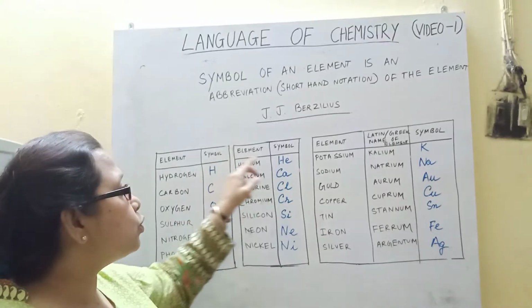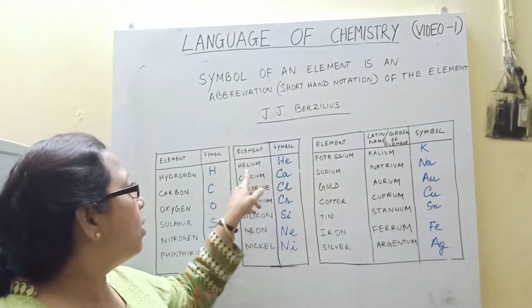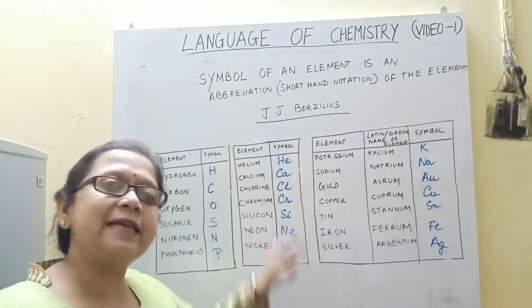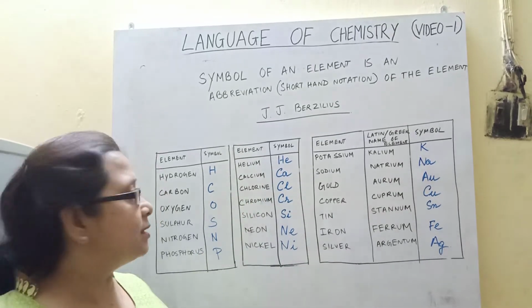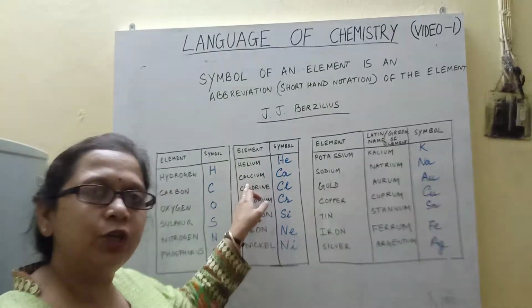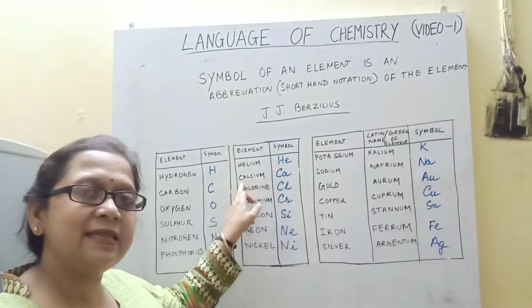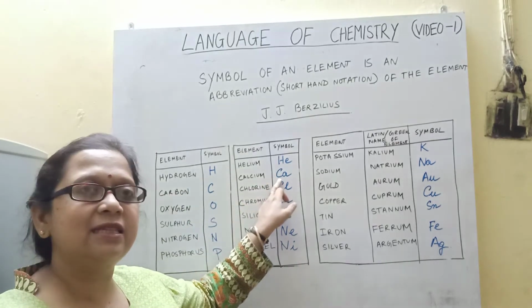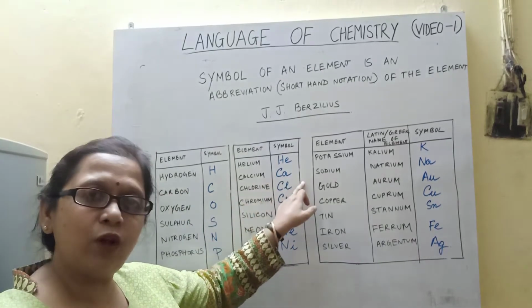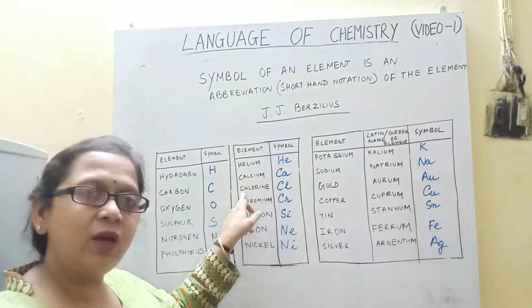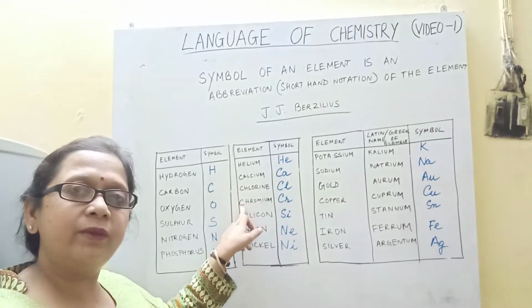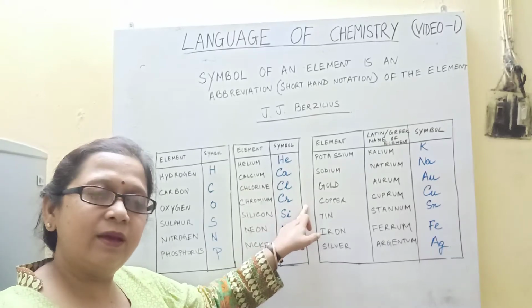So we use a second letter from its name, that is He, where the second letter is a small letter. Similarly, calcium starts with the letter C, just like carbon, but here we use a second letter, that is Ca. Chlorine is Cl, chromium Cr.